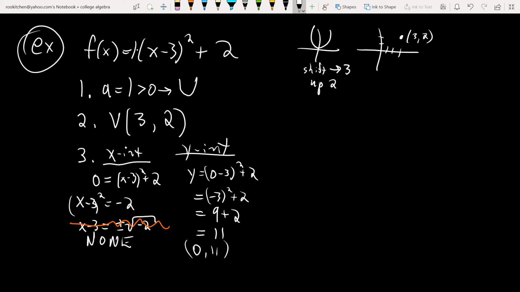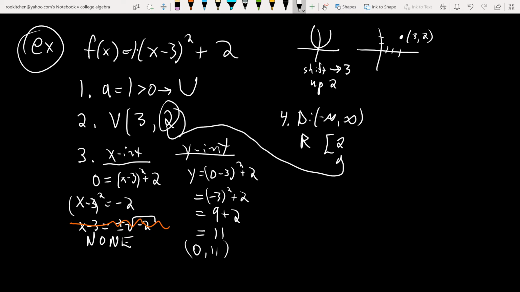What else? Domain and range. The domain is always all real numbers. And then the range, because it's a happy face, it'll go from the bottom up. So the bottom is located at 2. I'm just taking the y coordinate here. And then it's going to go to infinity. And then finally, the axis of symmetry.